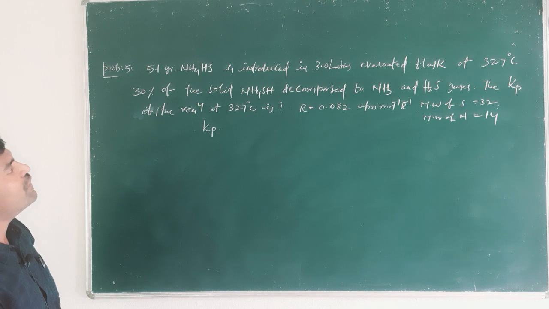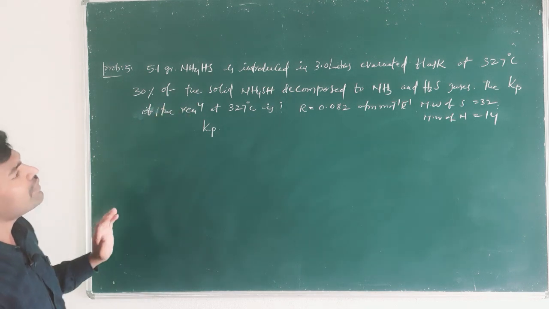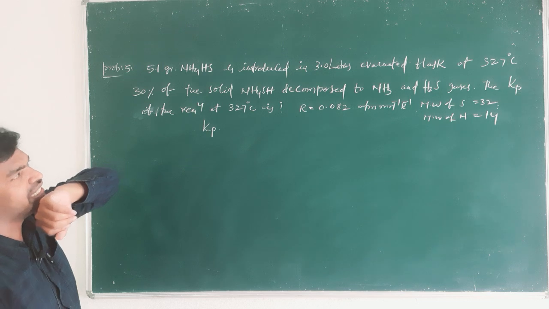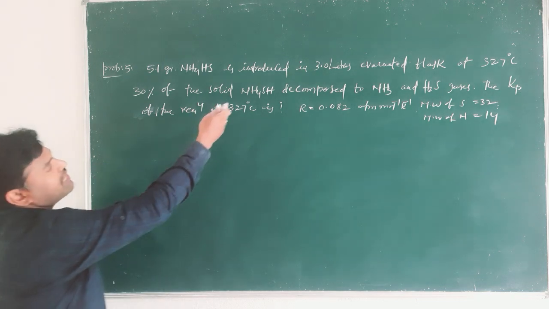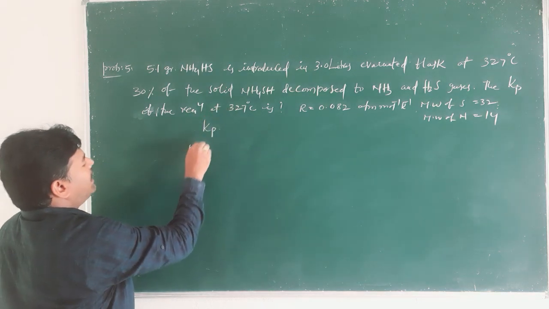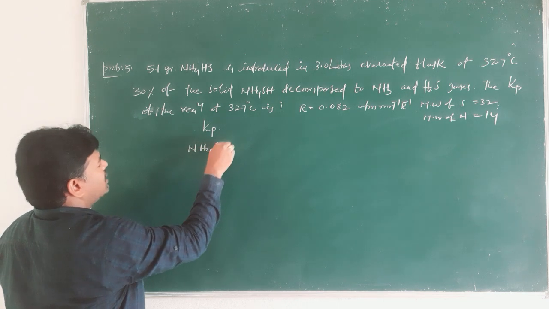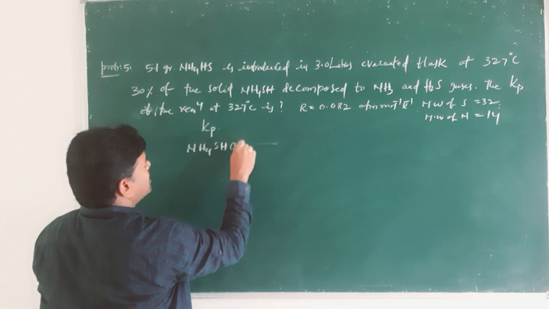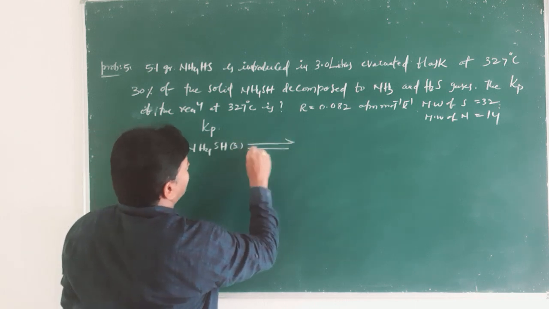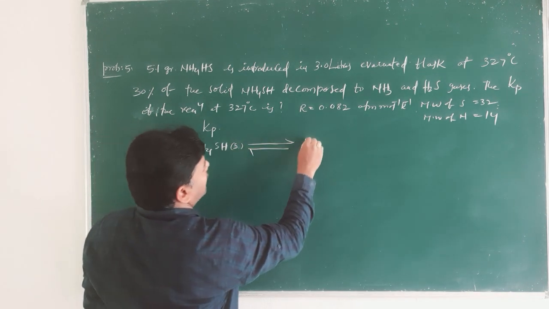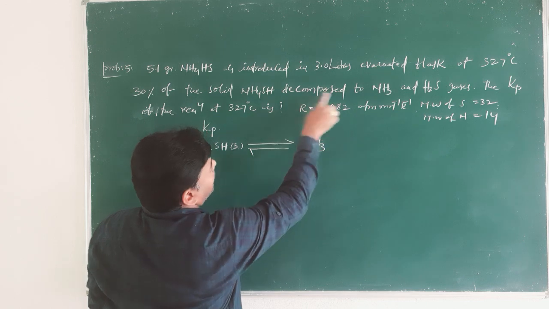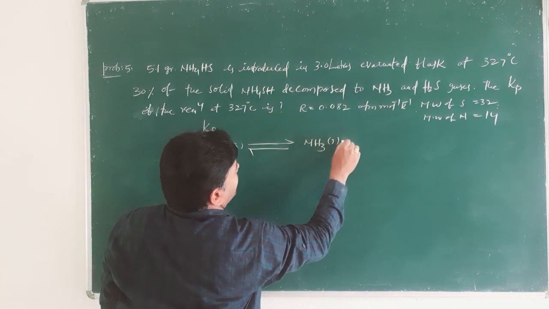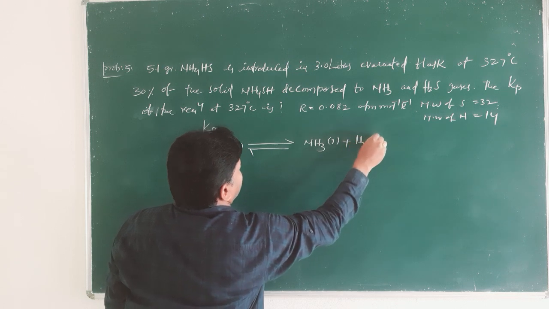So when NH4HS is introduced into the 3 liter flask at 327 degrees centigrade, equilibrium is established. This is a solid substance, and the equilibrium exists as it decomposes to NH3 gas and H2S gas.